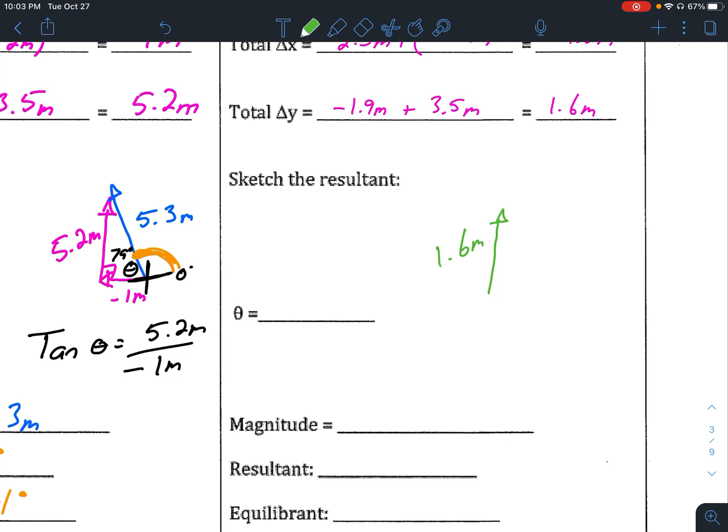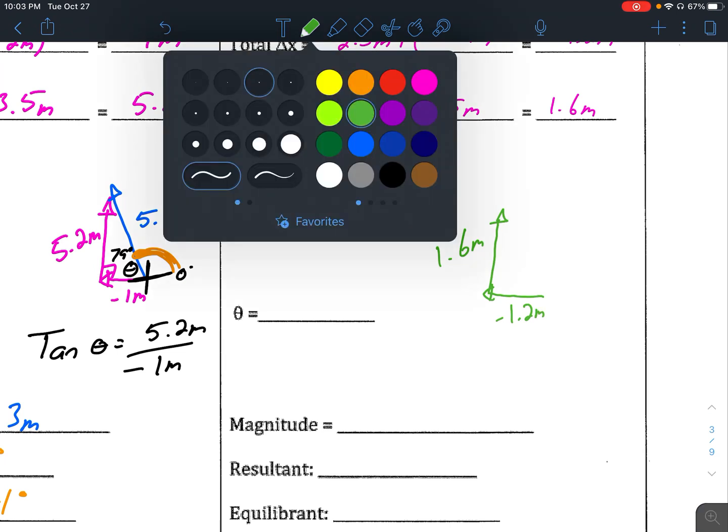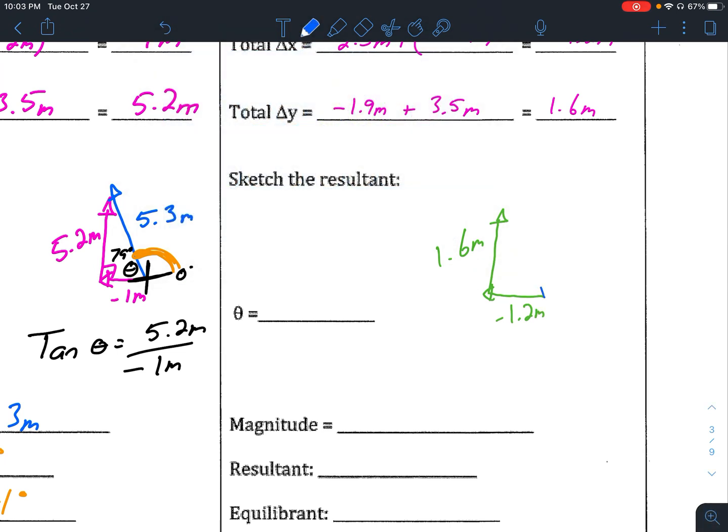And I kind of drew this backwards. And our negative 1.2 delta x. And the resultant hypotenuse, as we see here. So we have right angle, we have 2 sides, no angles.